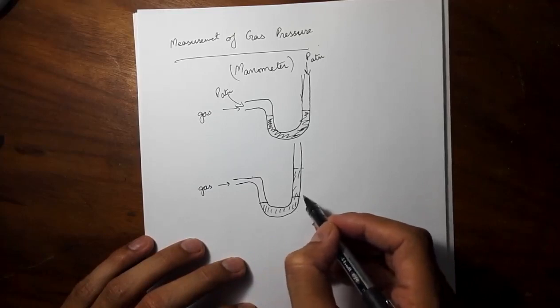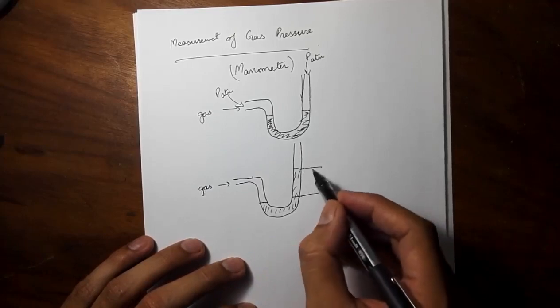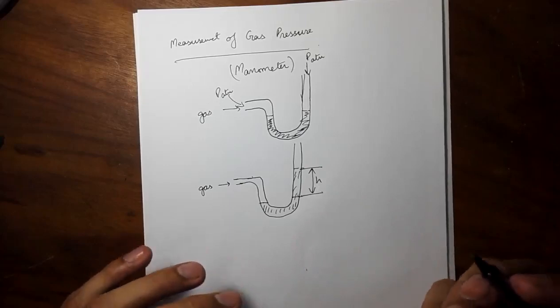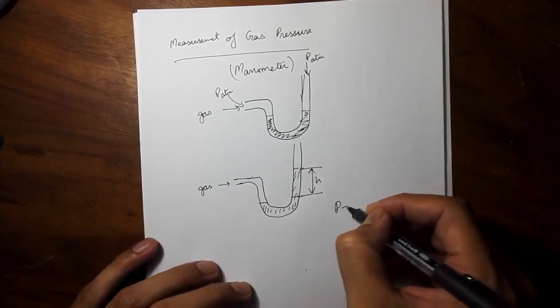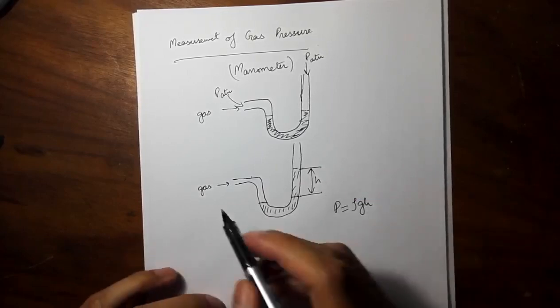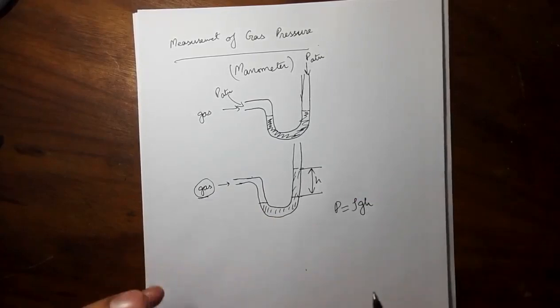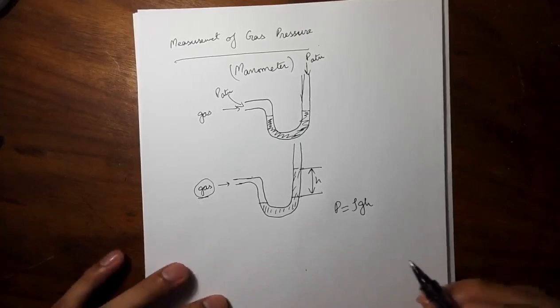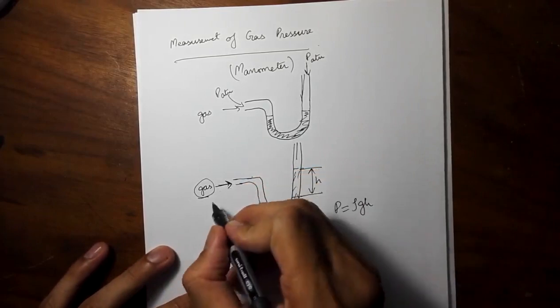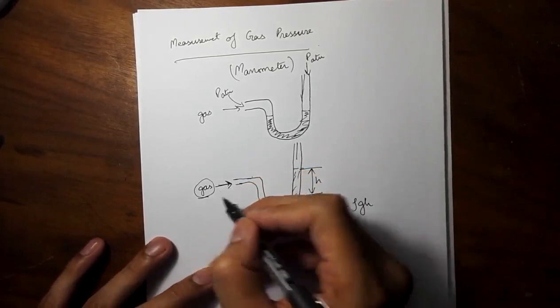So the difference of height will be measured by a meter rule. Okay, and by using the formula P is equal to rho g h, we can measure the pressure of the gas on this side. Now you have to observe one more thing. Over here, from this side, the pressure is for gas only.